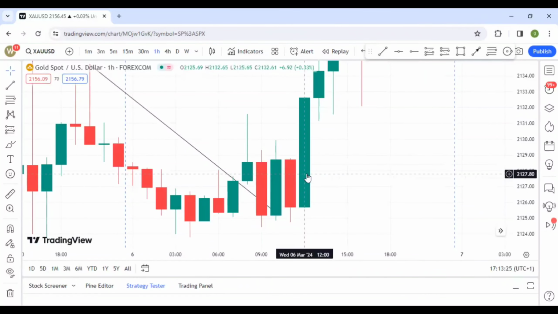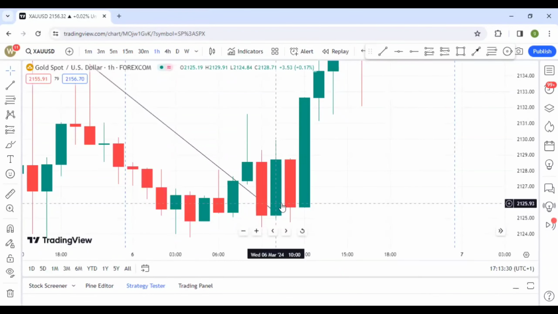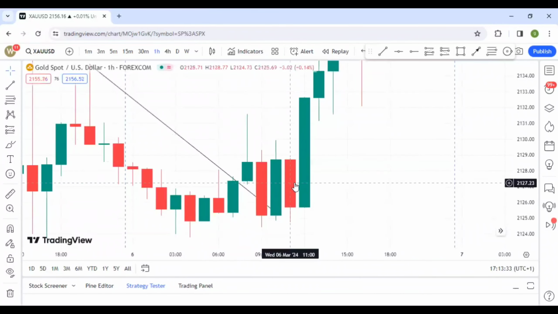It means the buyers take charge immediately, changing the trend of the market from a downtrend to an uptrend. This is a good example of a bullish engulfing, and it means the bulls now have full control of the market. So how do we trade this particular candle? Like I say, it happens mostly at the bottom of a downtrend.